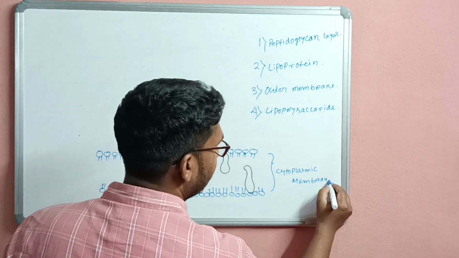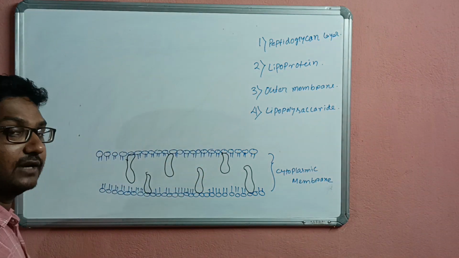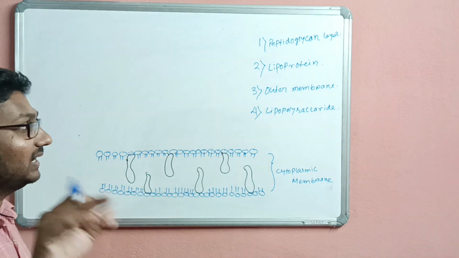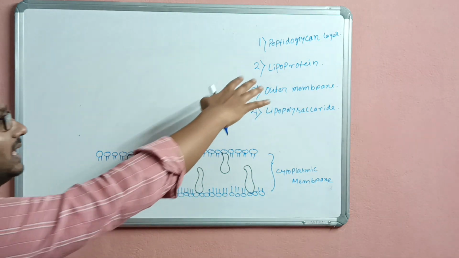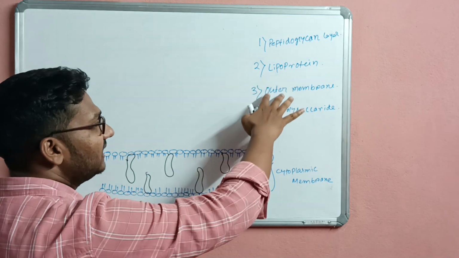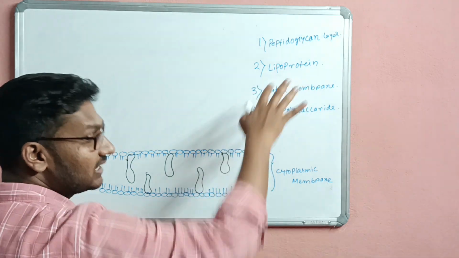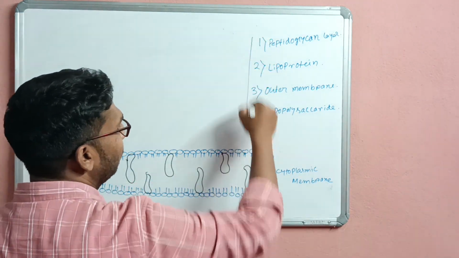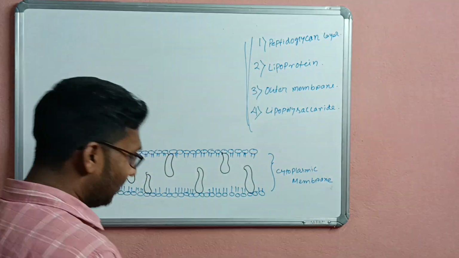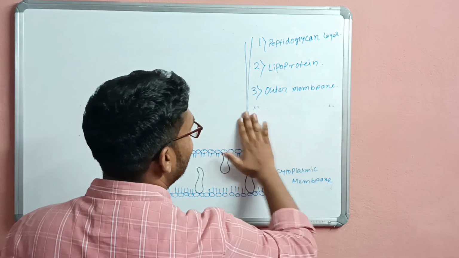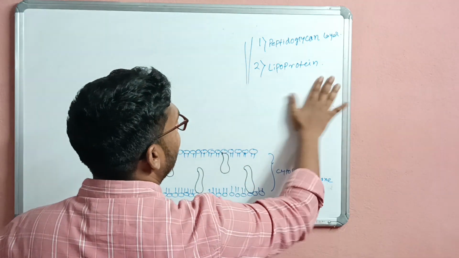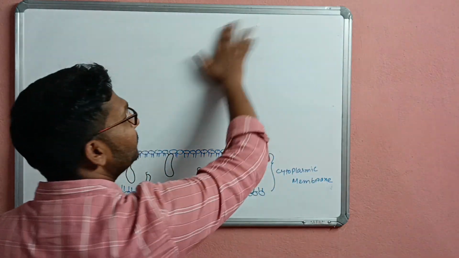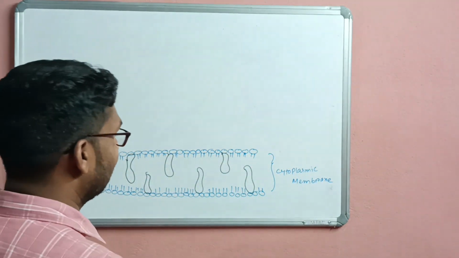We already said four different layers are present, and they are also subdivided into two or three parts, but the major ones are these four. Now let's draw where these layers are present. The first one is the peptidoglycan layer.